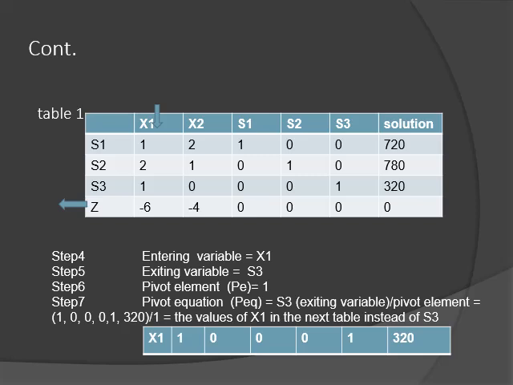Now, before the process of solution or the iteration, the left column consists of 3 variables which are known now as basic variables. So our objective is to move non-basic variables to basic variables, replacing S1, S2 and S3.